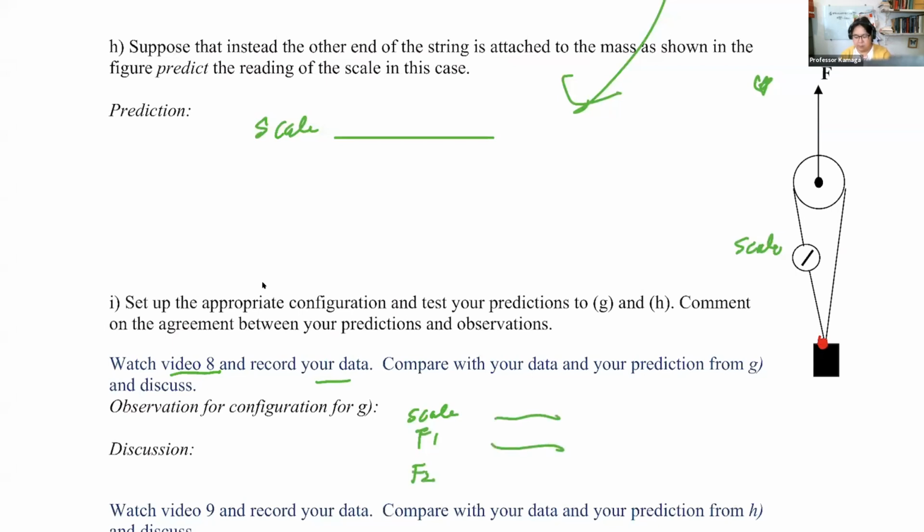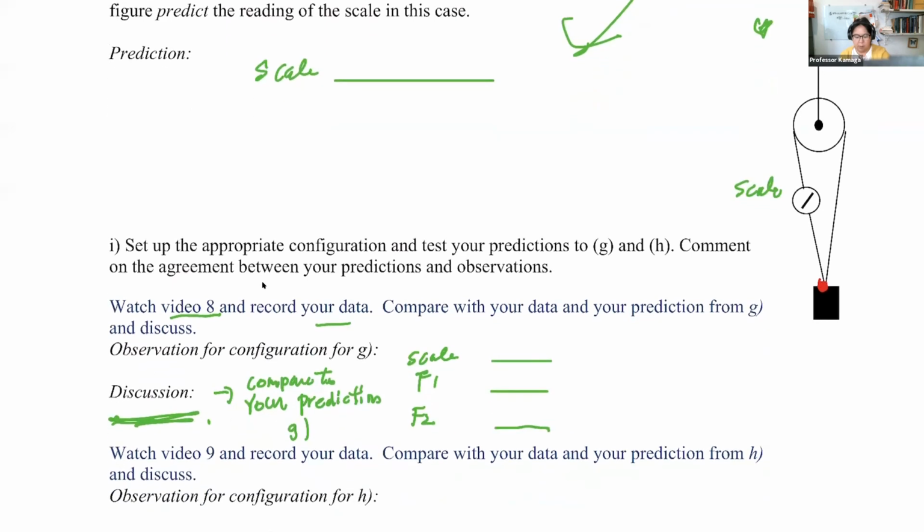You're going to write down these values and then make a discussion compared to your prediction in G. All right, so write down the values: scale 1, scale 2, F1, F2, write down all these values and then make a comparison.